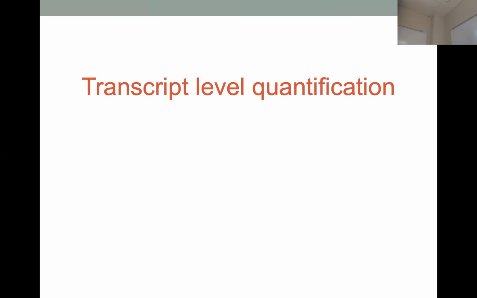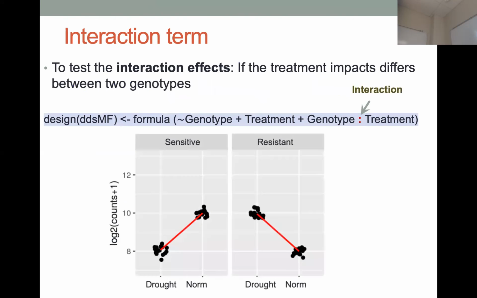So you're testing the gene count against your samples. So if you don't take into account the interaction, maybe it's just like this is increased, this is decreased. If you don't take into account the sensitive and resistant, it's maybe just flat, right?